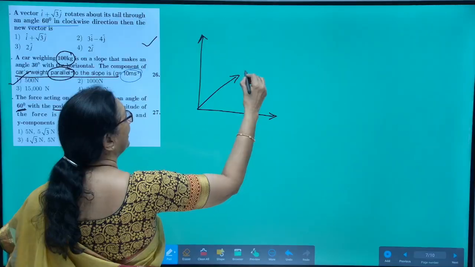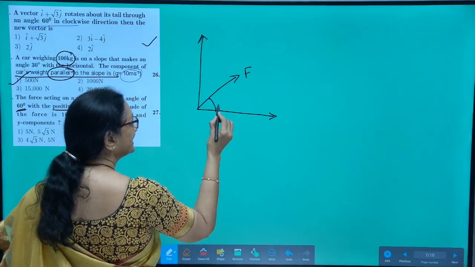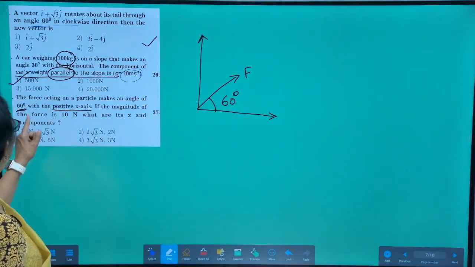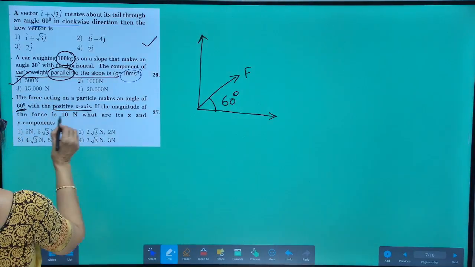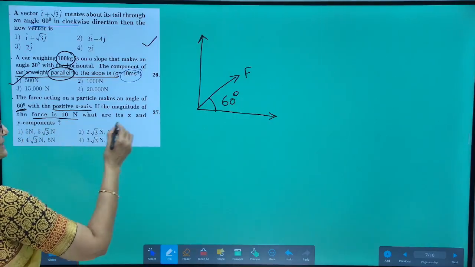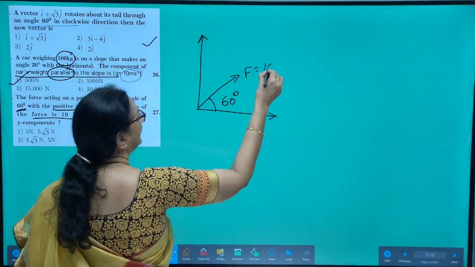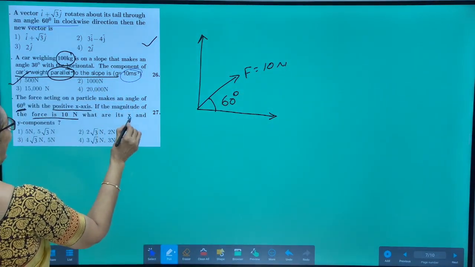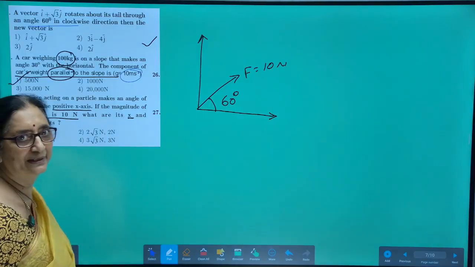The force acting on a particle is making an angle 60 degrees with the positive x-axis. The magnitude of this force is 10 Newton. What are its x and y components?